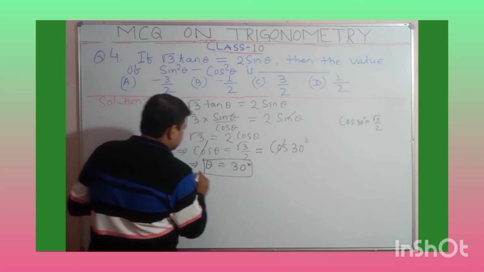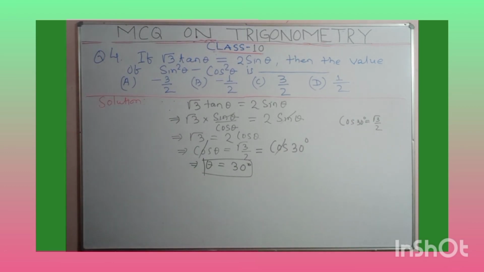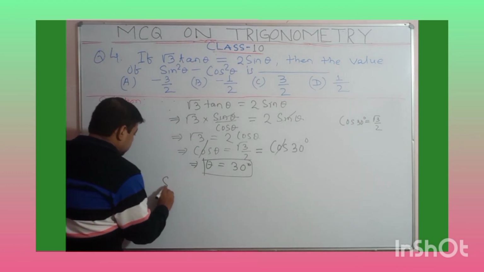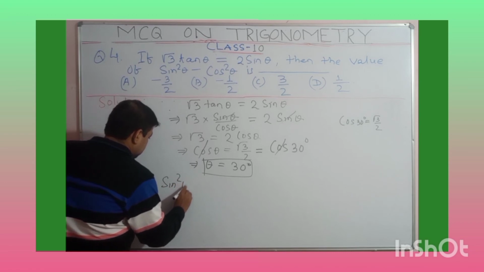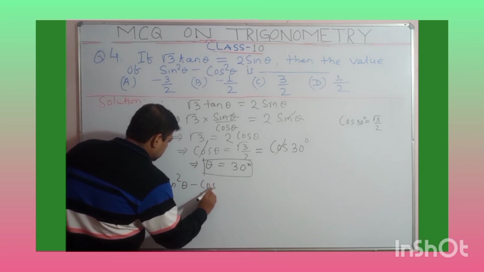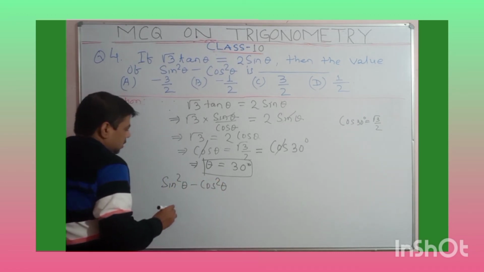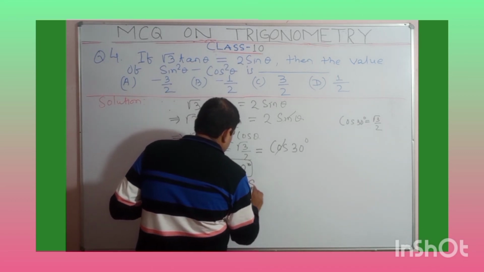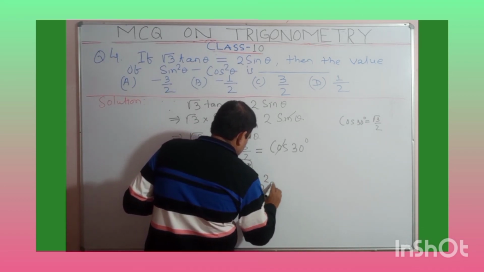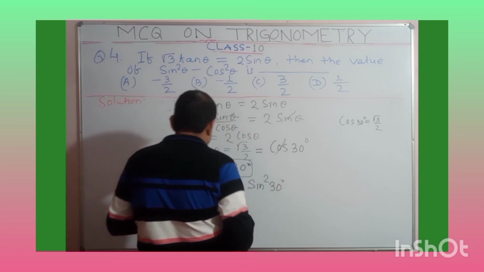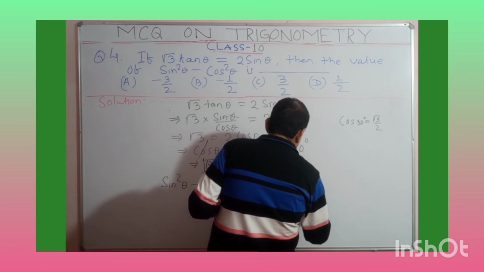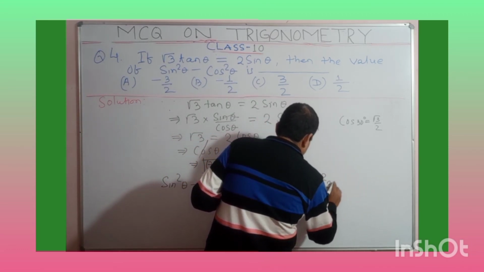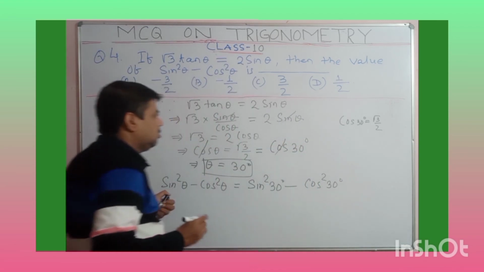So we get the value of theta. Understand? Now let us find sin square theta minus cos square theta. Here sin square theta means sin square 30 degrees minus cos square 30 degrees. Yes or no?